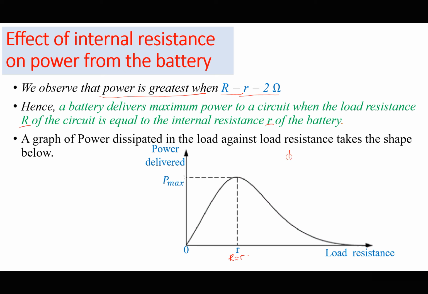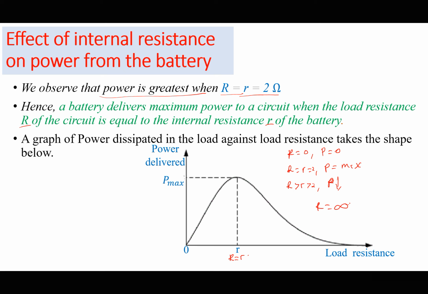We saw when R was equal to 0, the power was equal to 0. We saw that when R was equal to small r, equal to 2, the power was actually maximum. And when R is greater than small r, or greater than 2, the power now starts decreasing. We can even check what happens when R equals infinity.